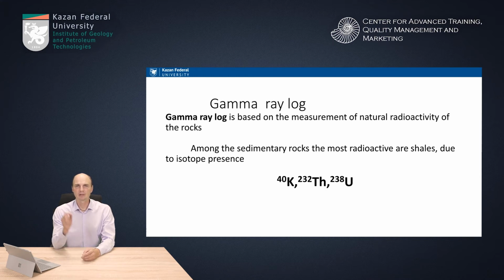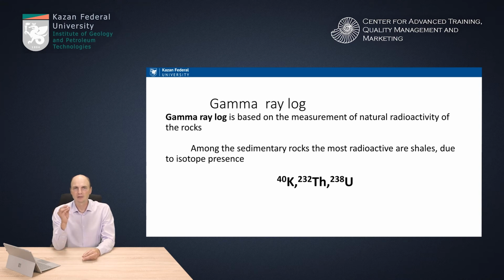So we simply put into the wellbore a special receiver that receives the gamma rays from the rock. If we measure the natural radioactivity of all of the rocks, we can find out that the igneous rocks have the highest radioactivity. Metamorphic rocks have a bit lower radioactivity, while sedimentary rocks have the lowest radioactivity.